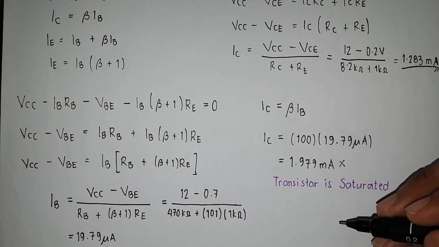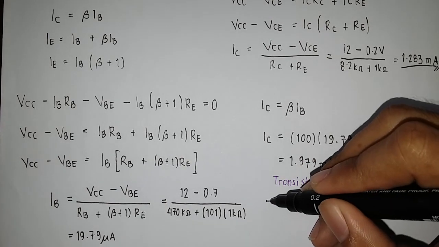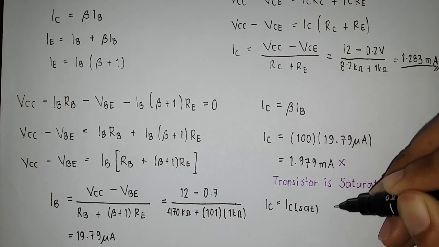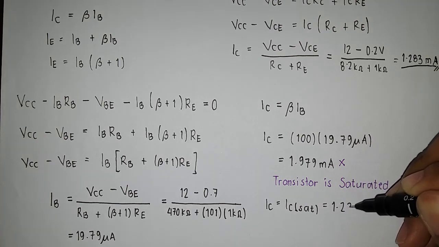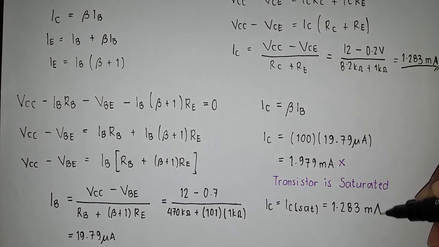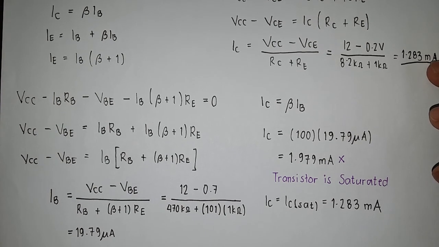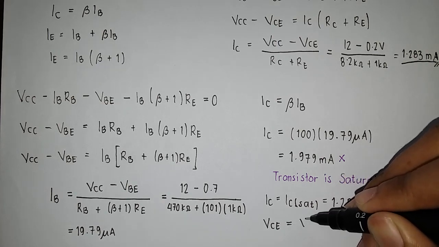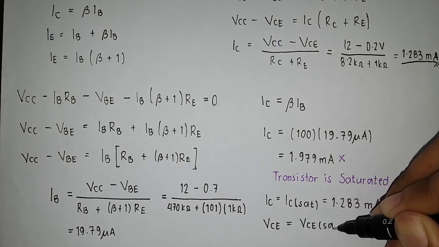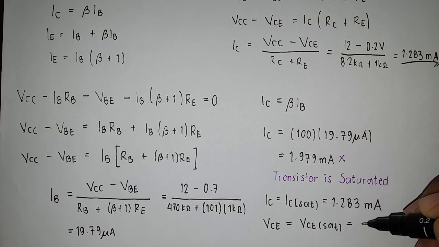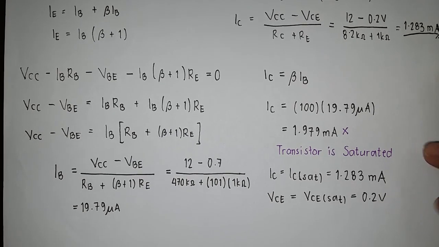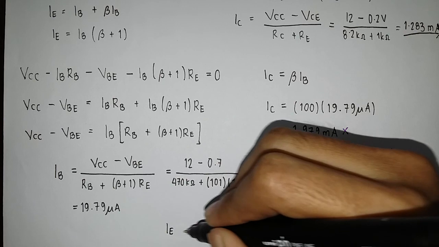So, dahil ang transistor is saturated, therefore, ang IC natin is equal to the IC SAT, which is equal to 1.283 milliamperes. At dahil saturated din, meron na agad tayong sagot sa VCE, is equal to VCE SAT, which is equal to 0.2 volts. Now, to solve for IE, IE is hindi pa rin nagbabago.